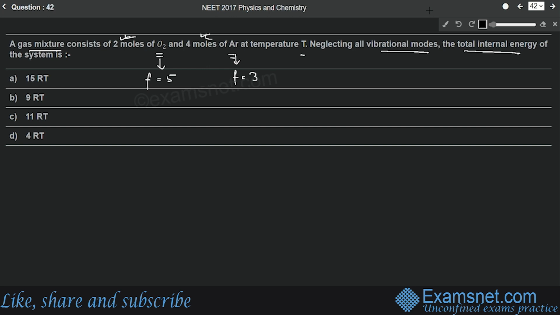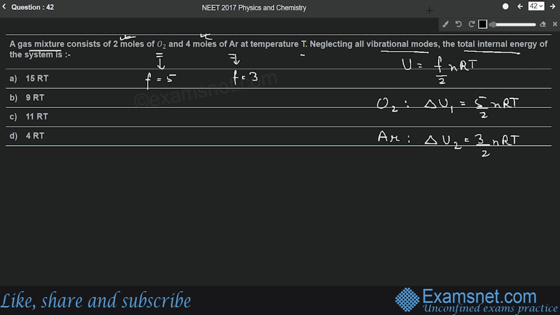Right? And we know that the internal energy U is equal to f by 2 nRT. So for oxygen, the internal energy ΔU1 will be equal to 5 by 2 nRT, because the degree of freedom is 5 here. Whereas in case of argon, the internal energy, let's say ΔU2, will be equal to 3 by 2 nRT, because the degree of freedom is 3 in this case.